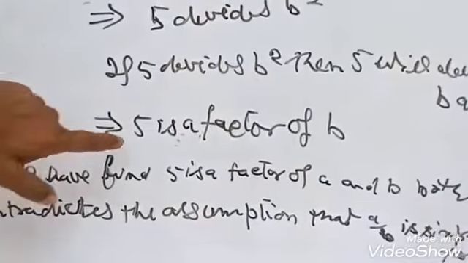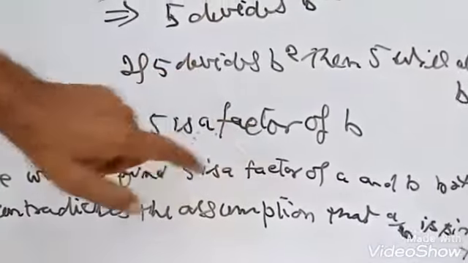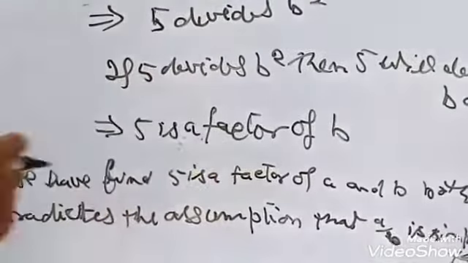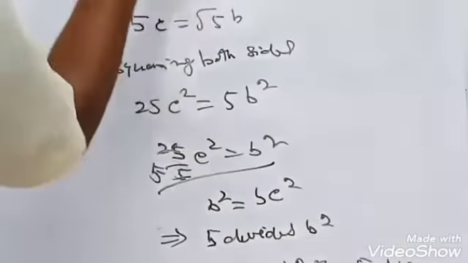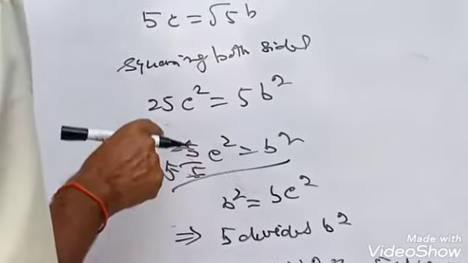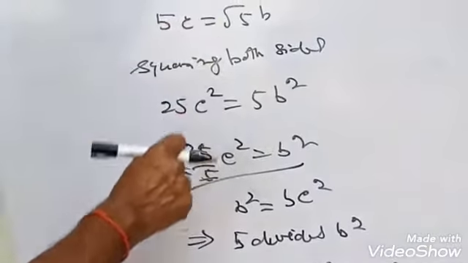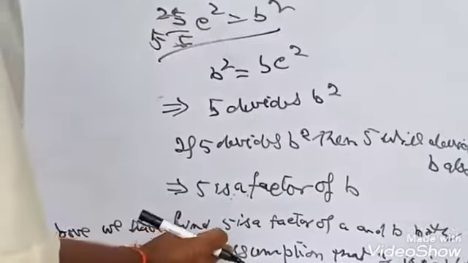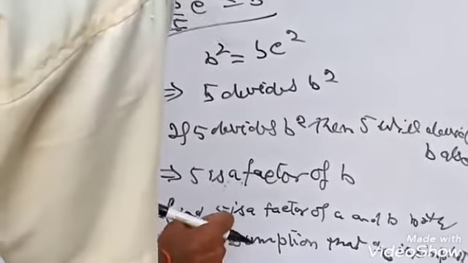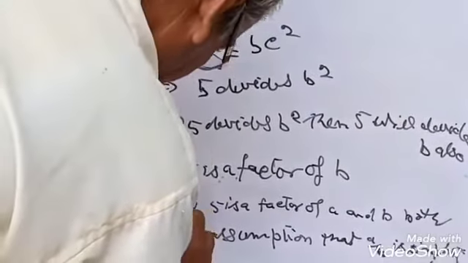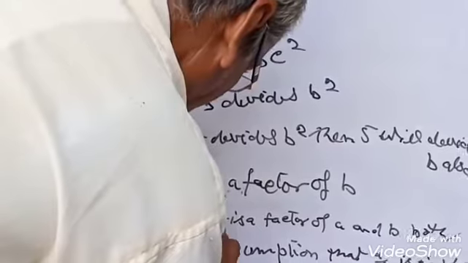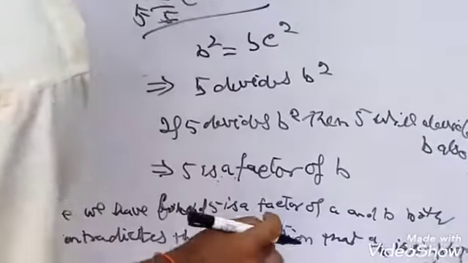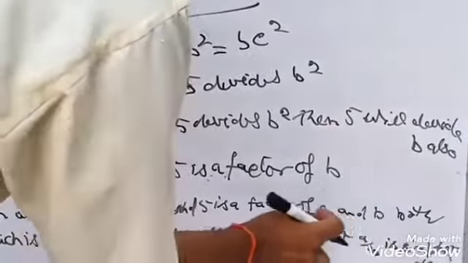We already know that 5 is a factor of a and 5 is a factor of b. So from above we have found that 5 is a factor of a and b both.